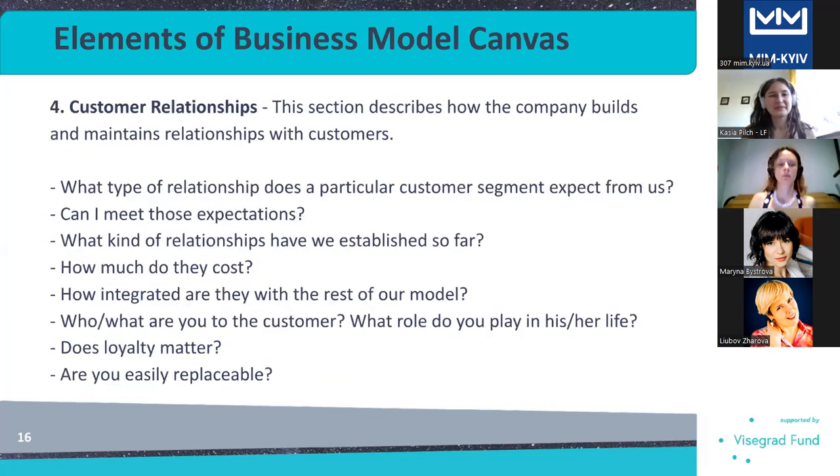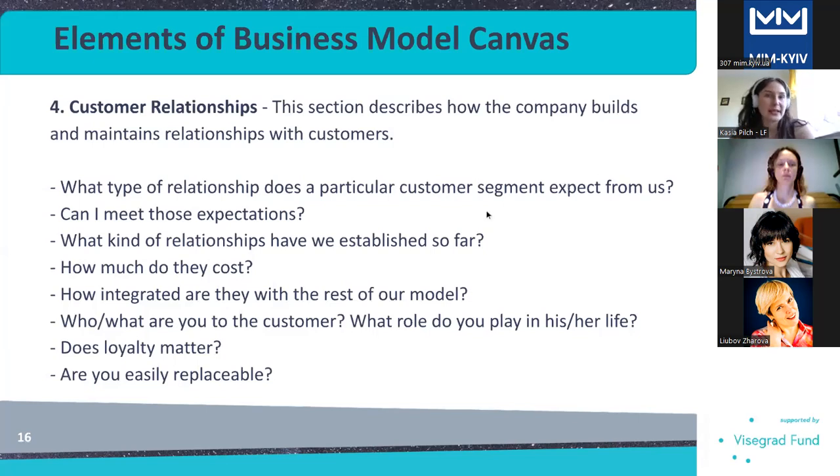So the fourth element is customer relationships. This segment describes how the company builds and maintains relationships with the customers. So the question you want to ask yourself here is, what type of relationship does a particular customer segment expect from us?